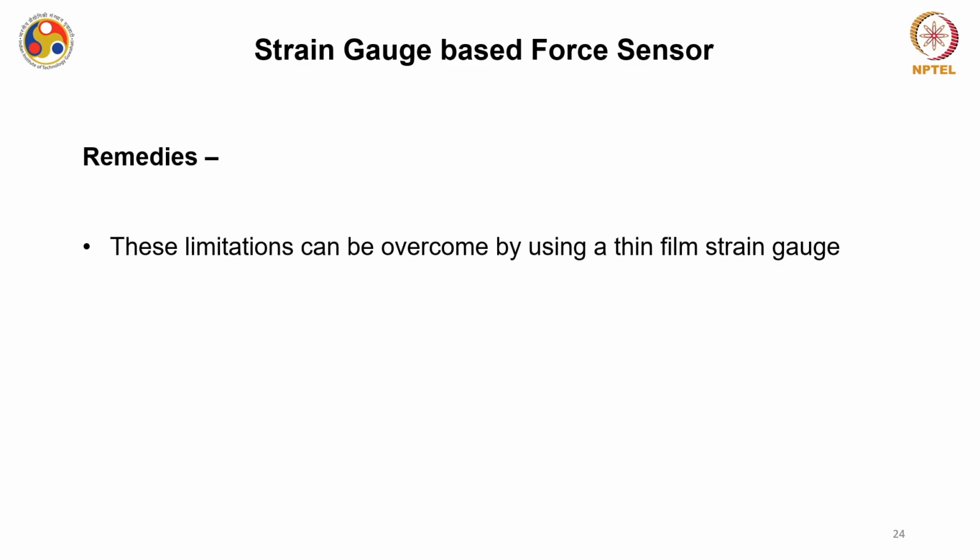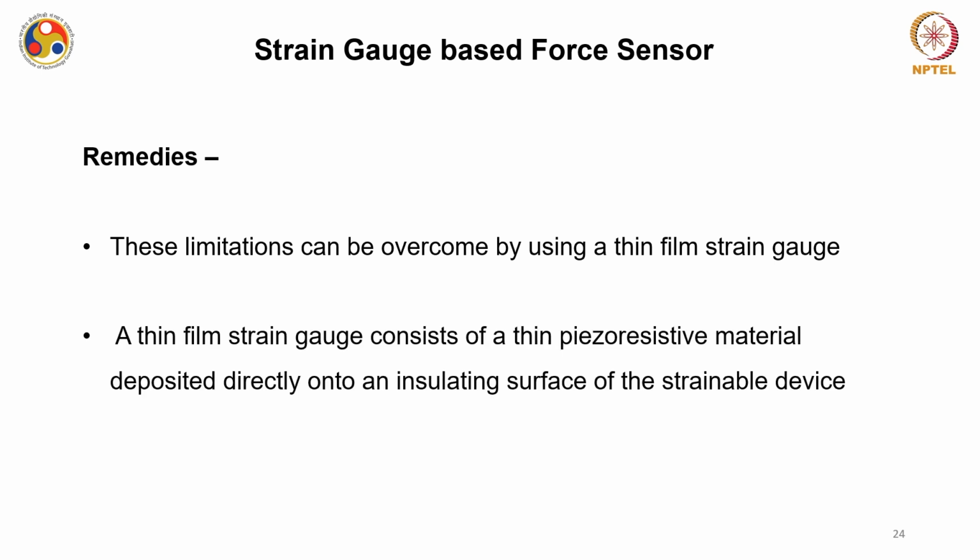So, avoiding this wire kind of or this adhesive kind of structure. If you can directly have thin film based strain gauges, of course, this thin film can be deposited by various physical vapor deposition techniques or various chemical vapor deposition techniques.